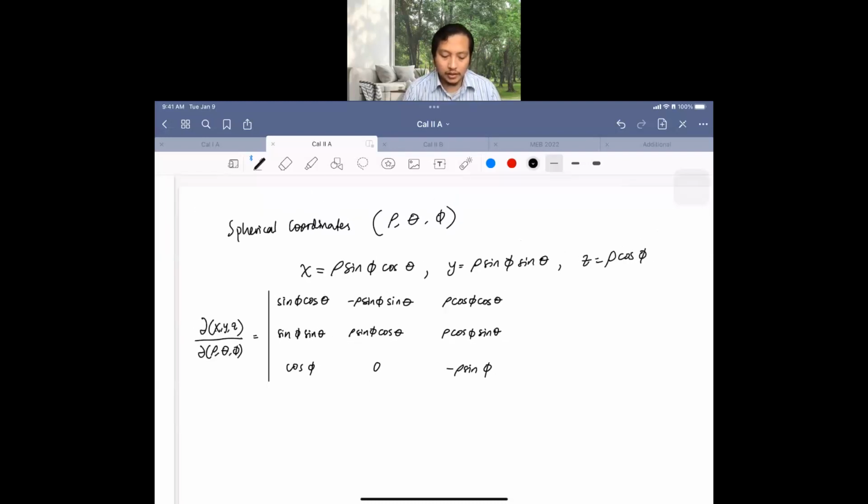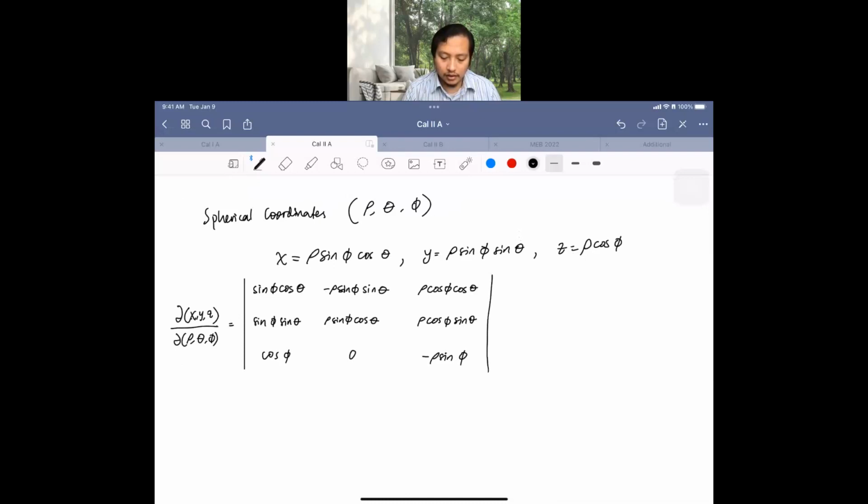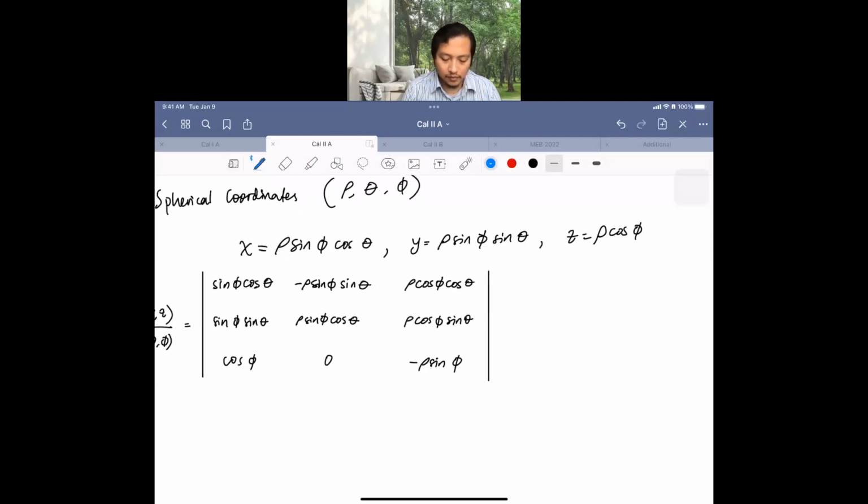So we could make the calculations through, if we want, we could make another row: sine phi cos theta, sine phi sine theta, cos phi, then 0, rho sine phi cos theta.